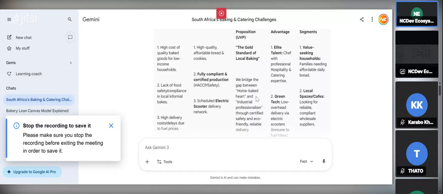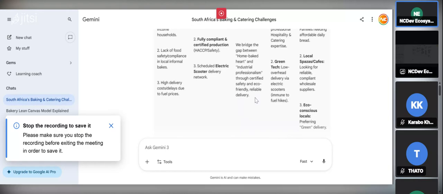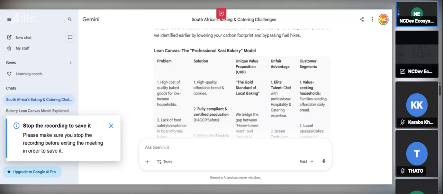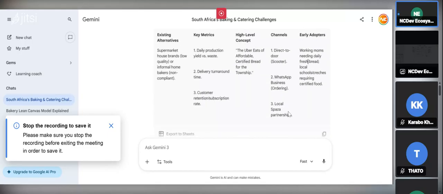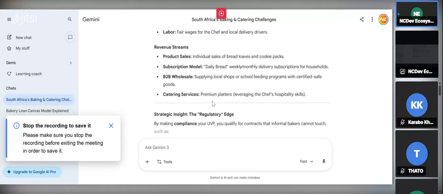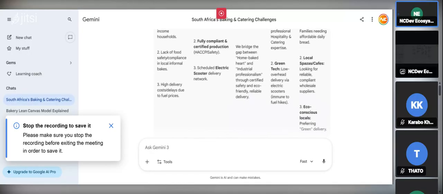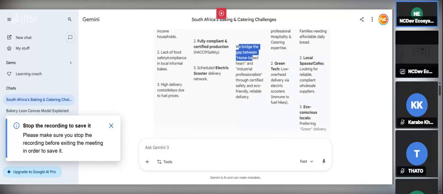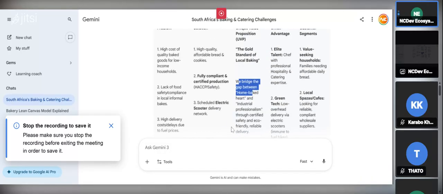Bridge together from baking. So you see, it's not yet talking to us. So what we want to say is that we want to offer, we want to be that bridge. It's not just for us, but also for other restaurants, right?